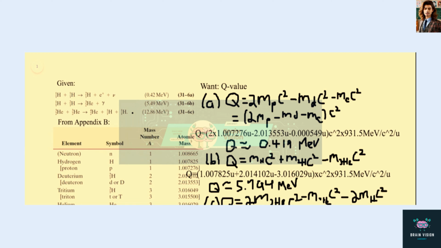Let's fill in the values with Appendix B. I'm just going to, hopefully you don't get confused, try to enter them here, just for the sake of visibility up above.